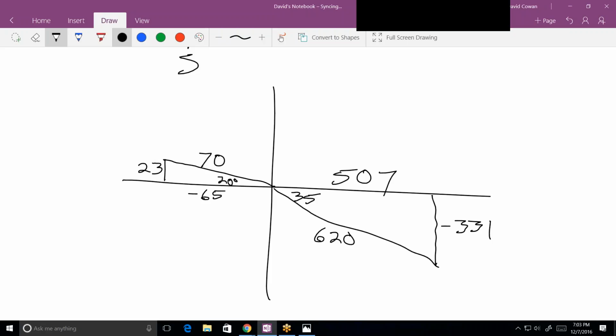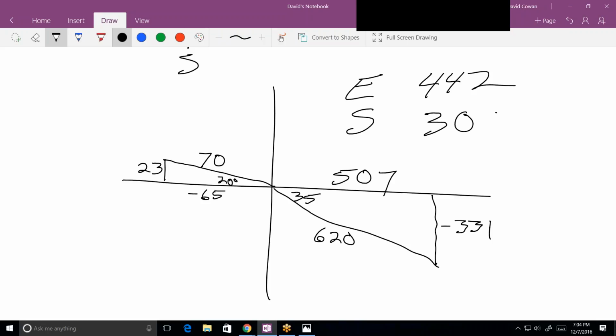Now we have the vertical and horizontal components of both, and we can add them together. In other words, this minus 65 is dead against that 507. So the net is easterly at 442. And if I combine the verticals, I get a southerly net of negative 331.